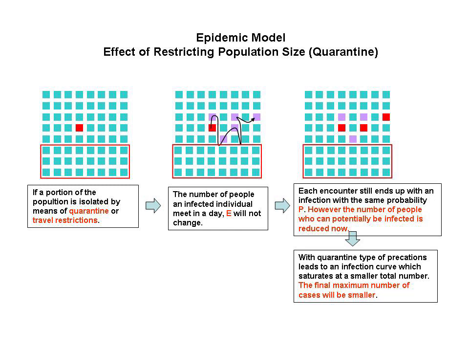This limits not the E or the P, but the total number of cases that can be infected. These are two main precautions you can take, which decrease the K plus 1 value.